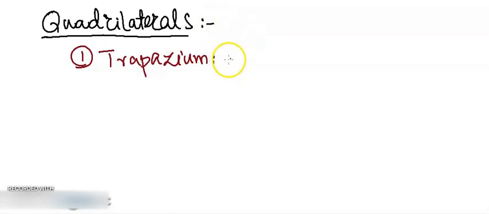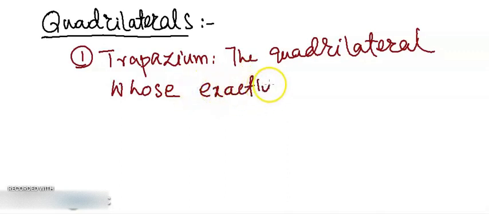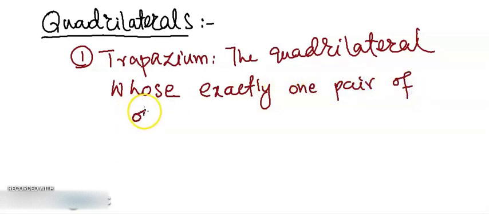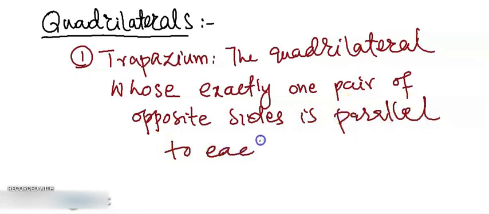So a trapezium is a quadrilateral whose exactly one pair of opposite sides is parallel to each other. We have already seen it.